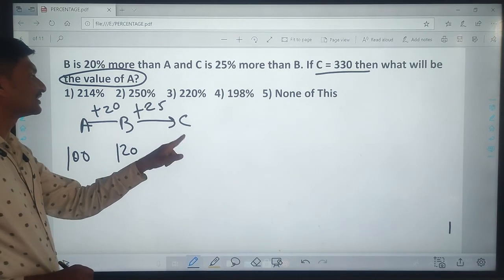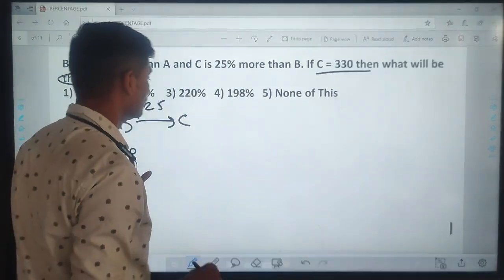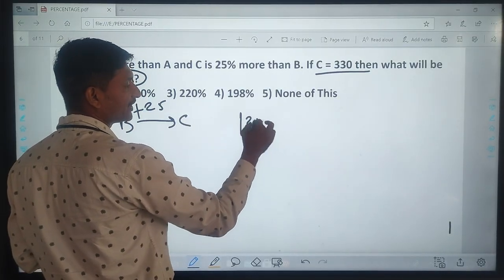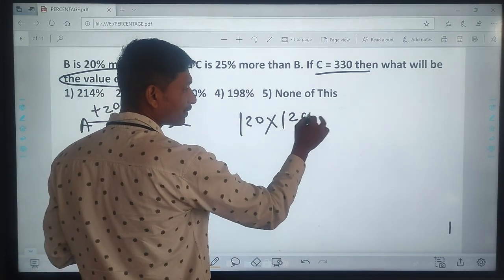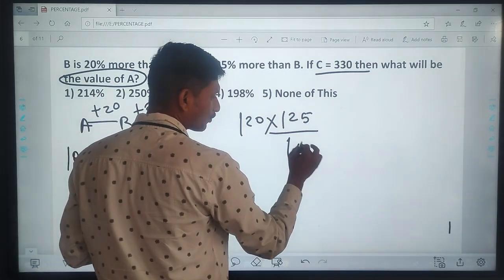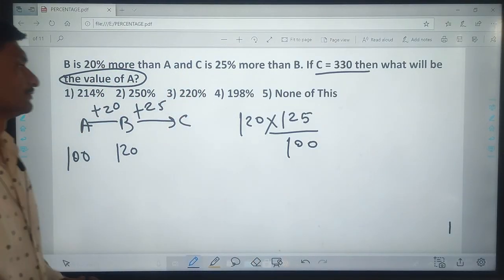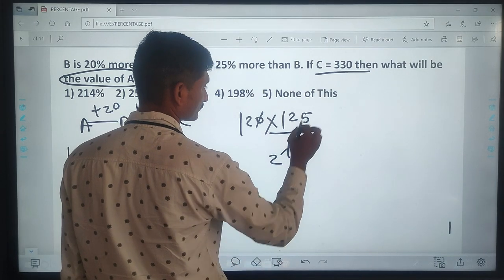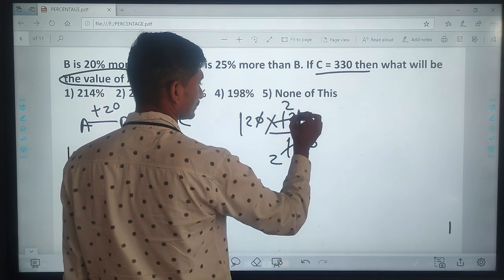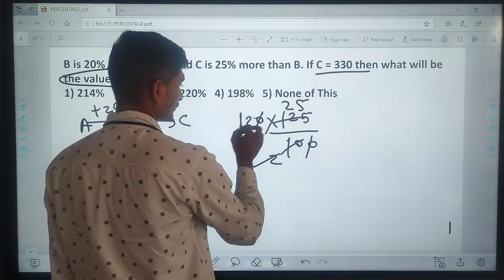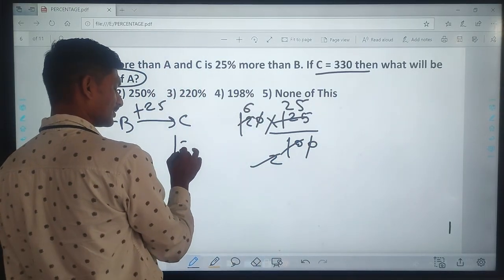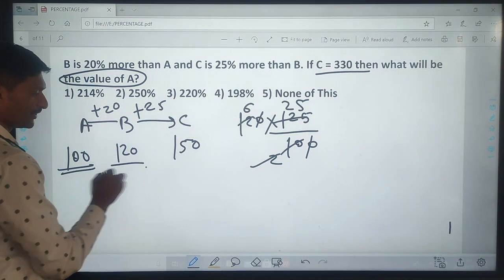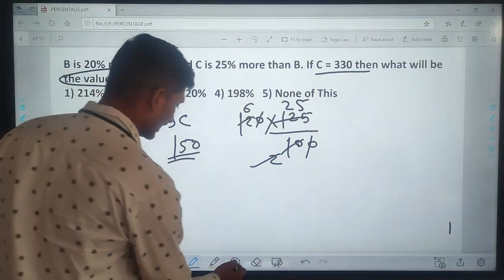And C is 25% more than B. Now we find C. Now C is 150. Here A is 100, B is 120 and C is 150.